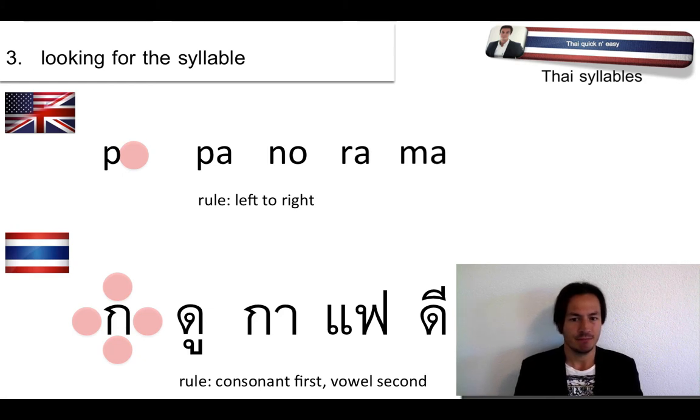This is the difference between the physical structure of English and Thai. So in English, left to right, and in Thai, consonant first, vowel second. Therefore, it does not matter at what position the vowel is placed. As soon as you start to learn the Thai language, you will recognize that it is not that difficult at all to follow this reading structure.